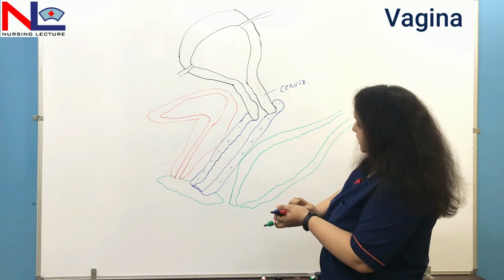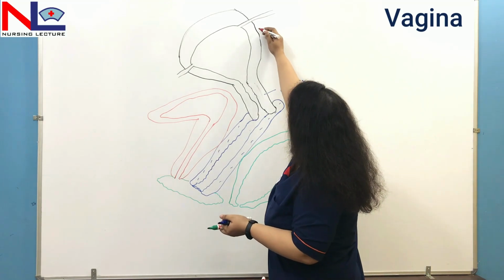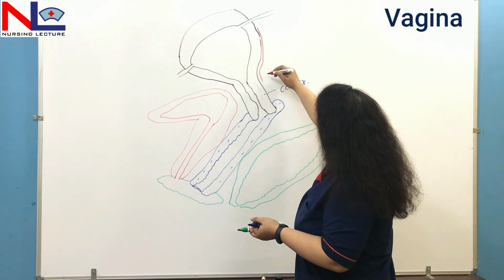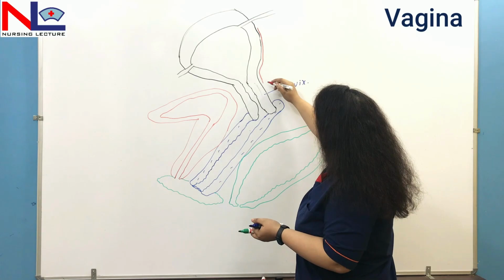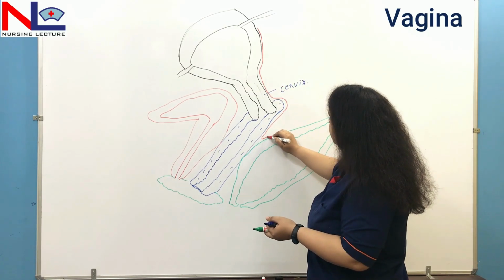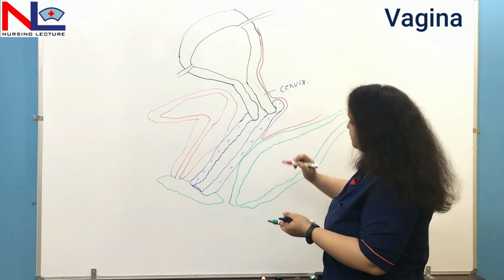And here is the folding of peritoneum, that is the pouch of Douglas.